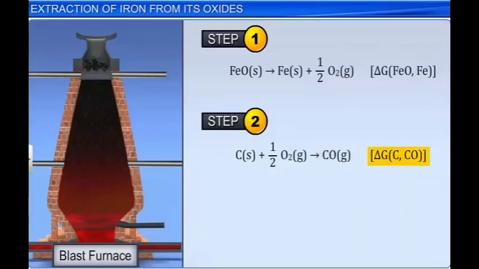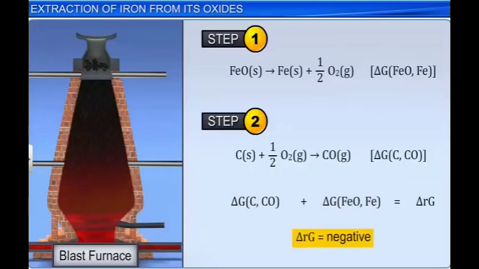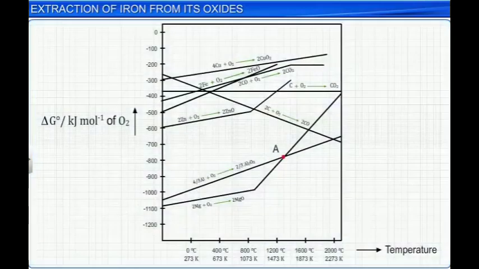When these two reactions occur, the net Gibbs free energy change becomes delta G of reaction, that is delta G (carbon to carbon monoxide) plus delta G (FeO to Fe). This becomes spontaneous when the delta G of reaction is negative in nature.